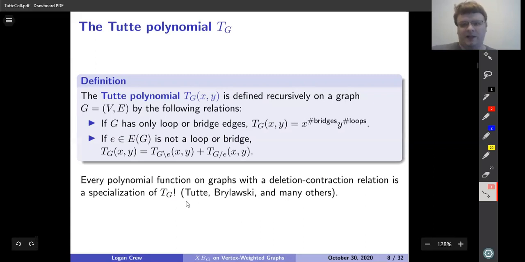And there was a lot of work that's gone into showing various forms of this universality of the Tutte polynomial, or a recipe theorem. Tutte showed some portion of it, Brylawski showed some. There are a lot of people who contributed pieces to what exactly that means. And this includes things like the chromatic polynomial, the flow polynomial, and a handful of other things.